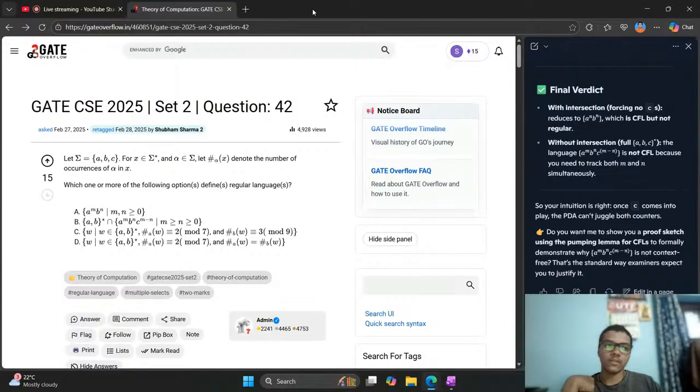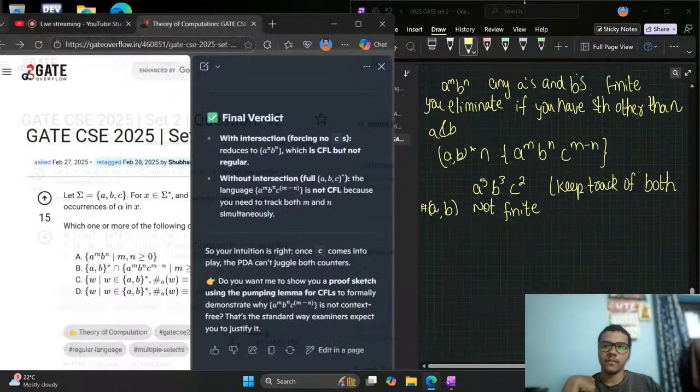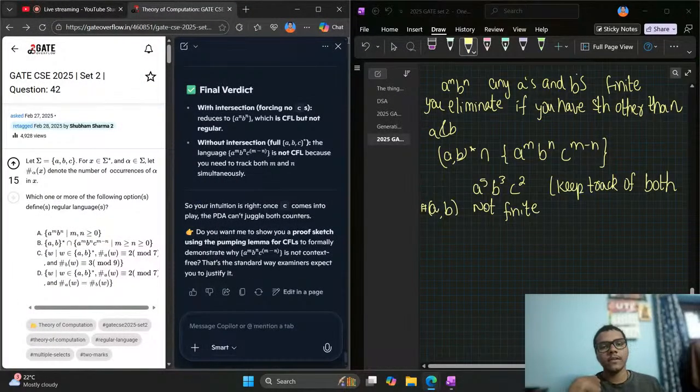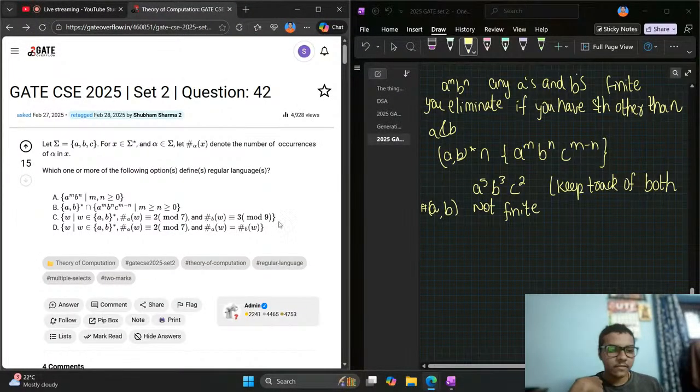A PDA, pushdown automaton, has only one stack. It cannot be implemented by one stack. So we got it. Well, we are not discussing context free. It is not finite, that's for sure.